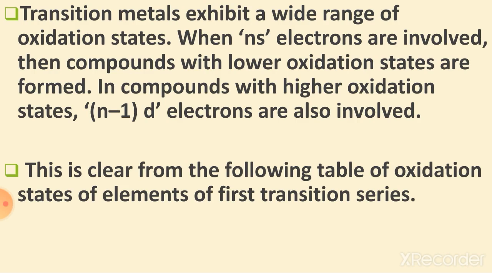One more point to note down: except scandium, in the 3d series, the most common oxidation state of first row transition elements is +2, which arises from loss of 2 electrons from the 4s subshell, that is after scandium.